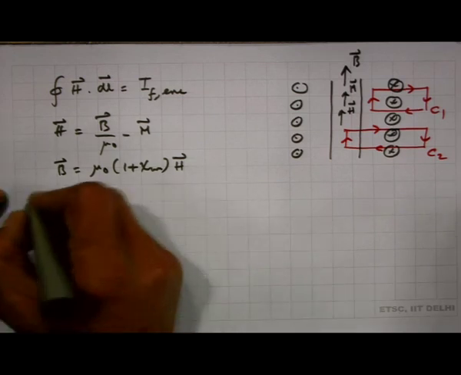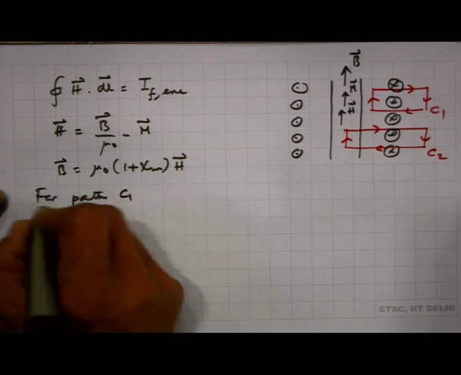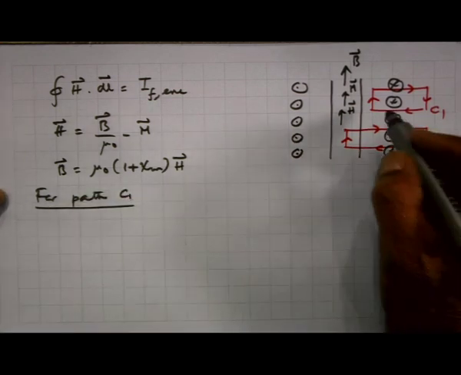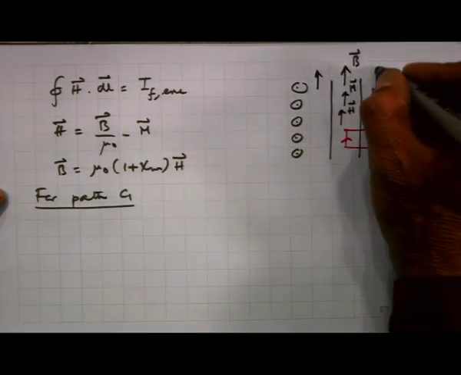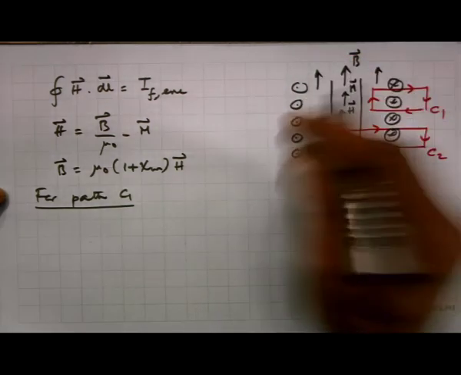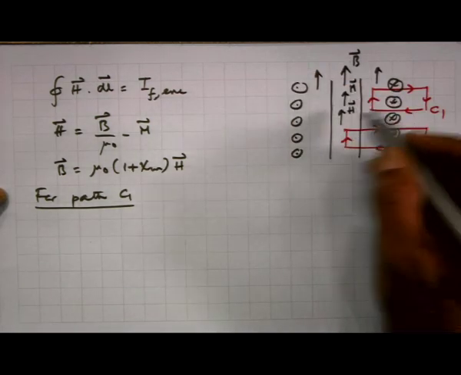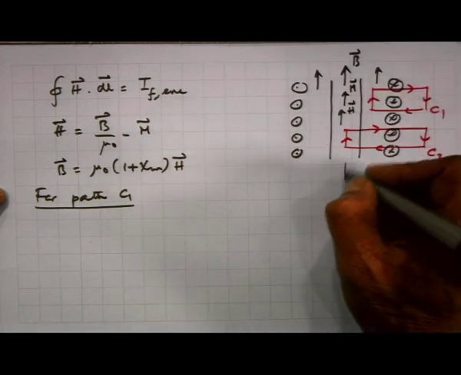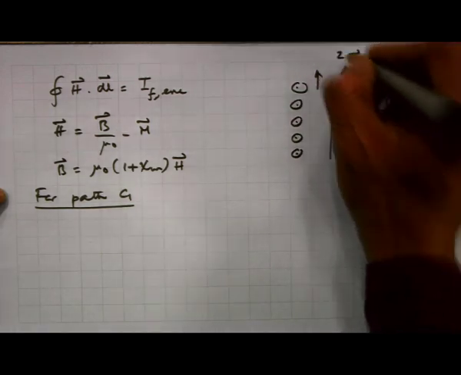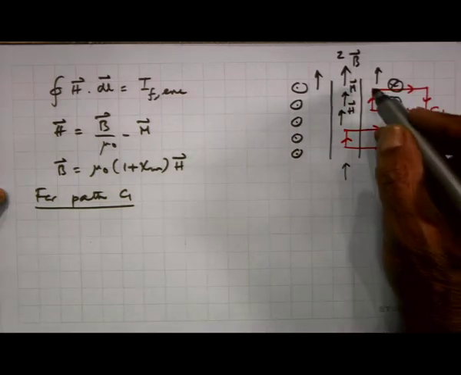Now, for path C1, of course, there is a magnetic field here also. The magnetic field is everywhere within the solenoid. So, this path does not enter the medium. I know the magnetic field to be along the z direction. This is the z direction here, the upward direction. The magnetic field is parallel to the z axis.